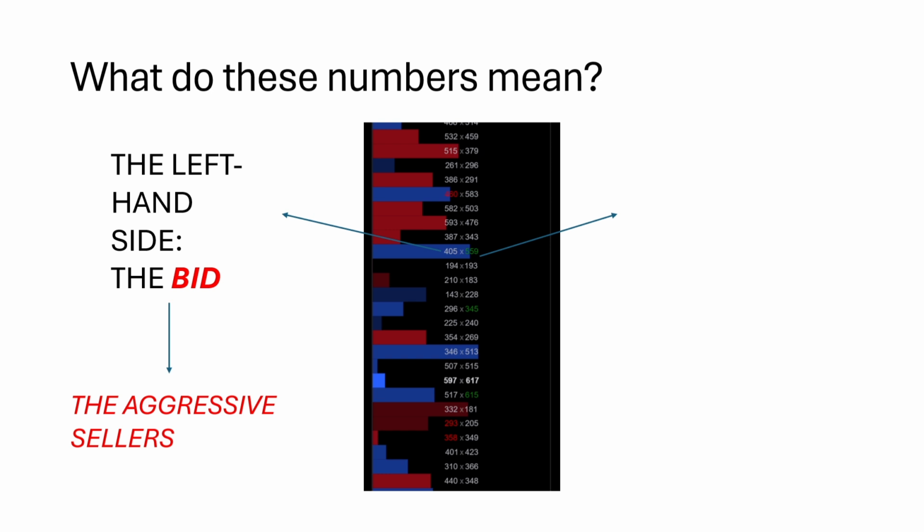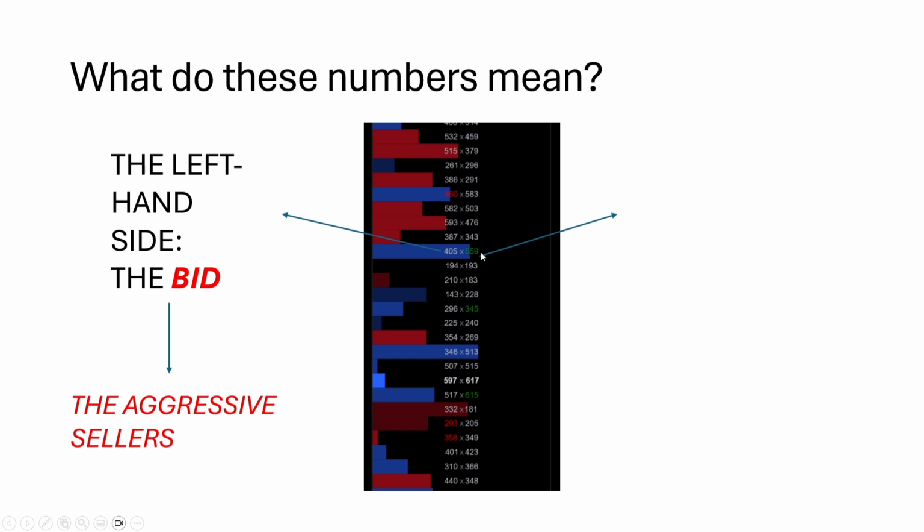I want you to almost visualize it as a tug of war, right? The story can be seen as a tug of war or an auction between buyers and sellers for this particular price and time. So let's say this is a 1-minute candle, just for argument's sake, S&P 500 futures. Now, if you're looking at this, 405 simply represents the aggressive sellers at that price.